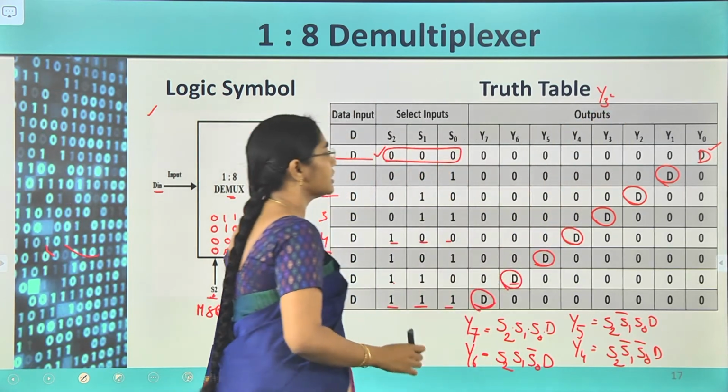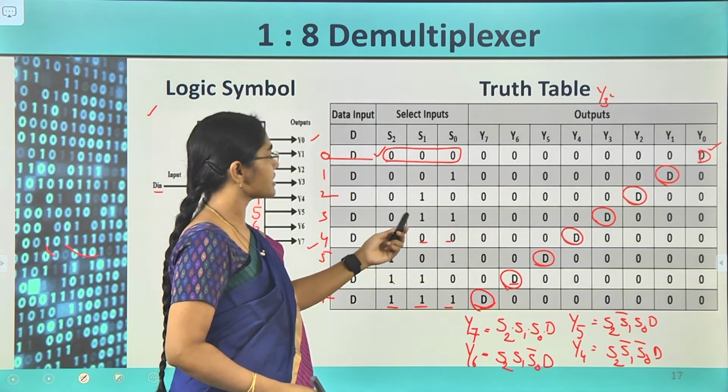Then what is Y3? Y3 is when the selection signals are 0, 1, 1.